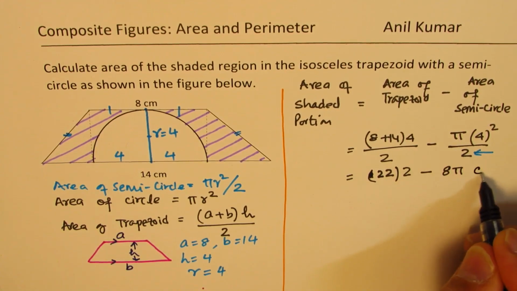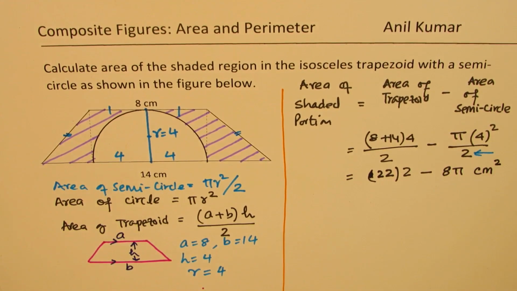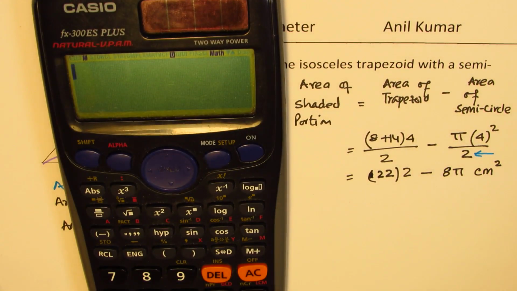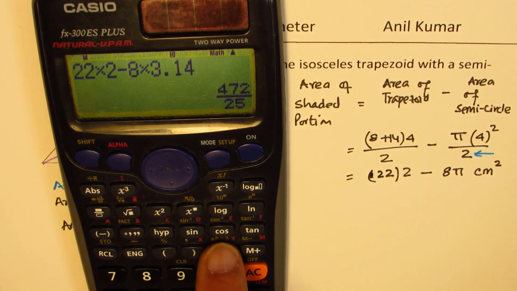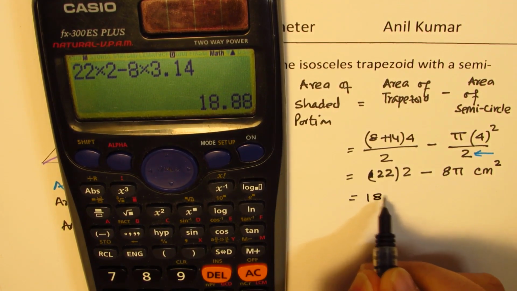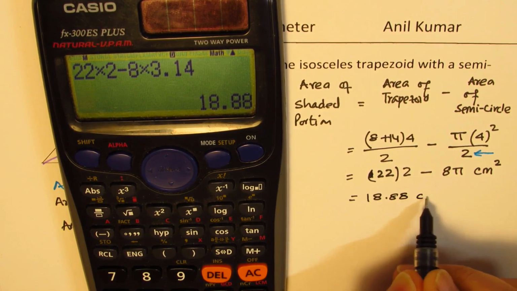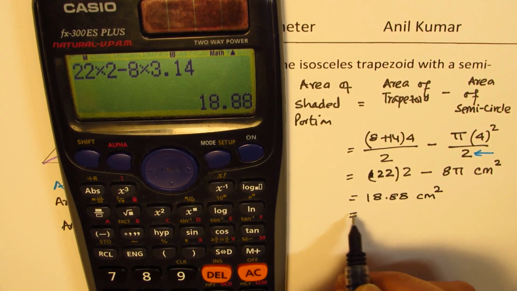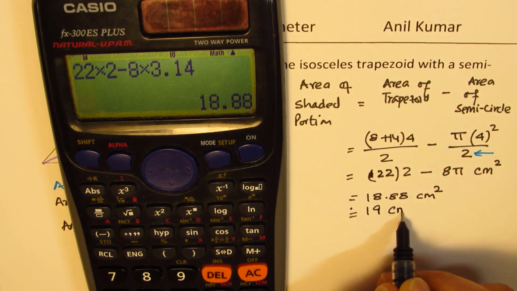And the units will be centimeters square. Is it clear to you? Let's use calculator. So we have 22 times 2 minus 8 times 3.14, and the answer in decimals is 18.88 centimeters square. We can say approximately 19 centimeters square.